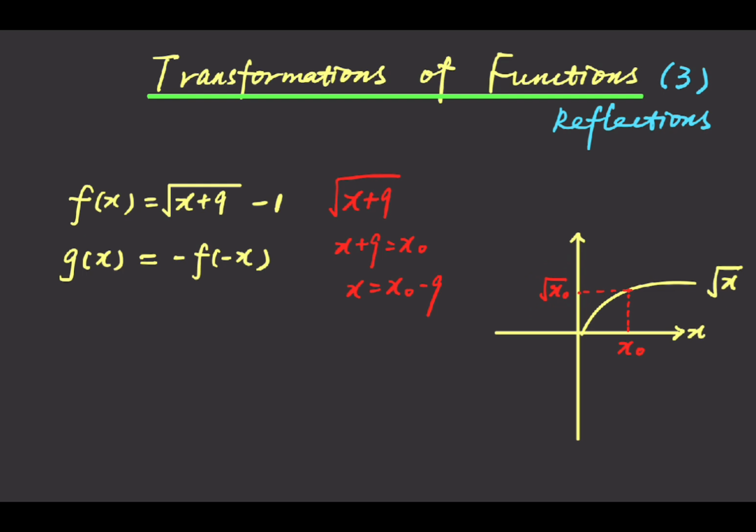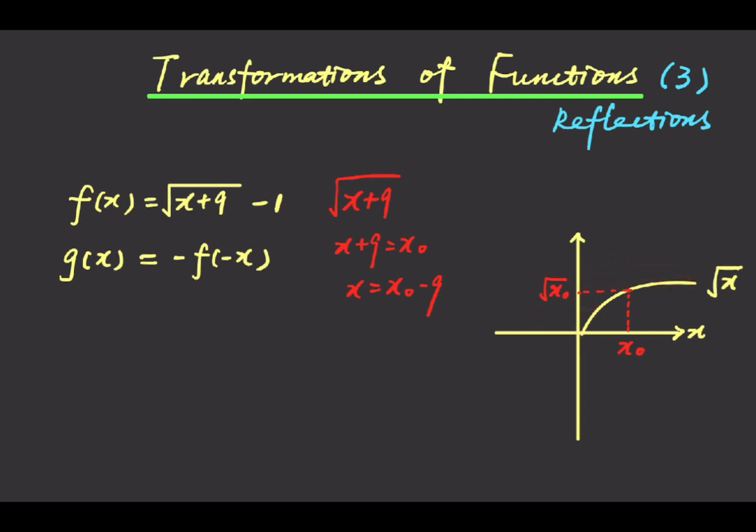So this is so-called keeping the y-coordinate unchanged. So for this point, we just need to move to the left side by 9 units. This point, we also need to move to the left side by 9 units. So every point, we need to move to the left side by 9 units.